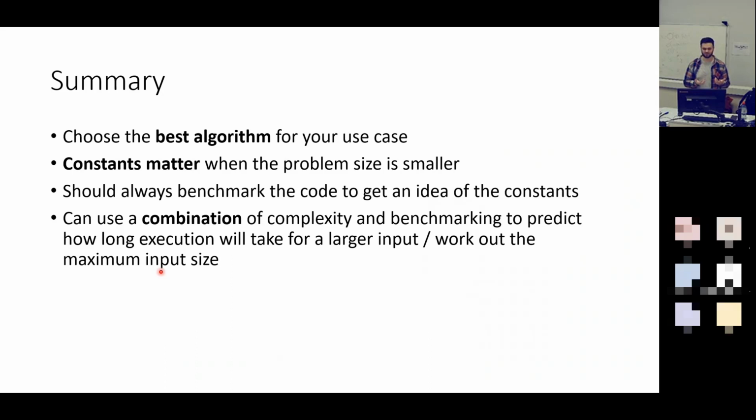The main thing to notice is, even though the complexity of one algorithm may be better than another, if your input sizes are small enough, you really have to benchmark to compare the two and choose which one is best for your case. And a lot of the time, simplicity is sometimes even better and preferred.